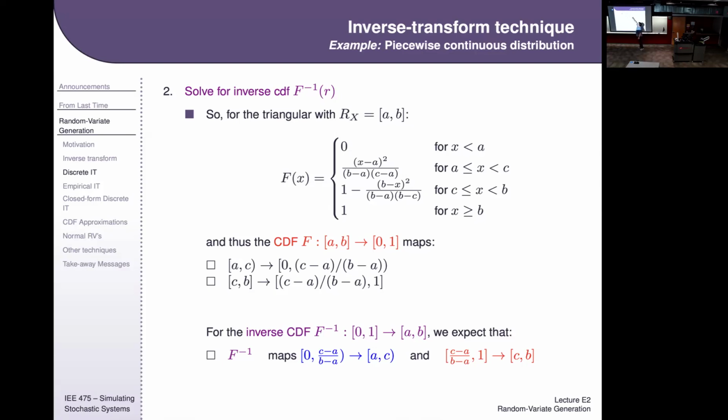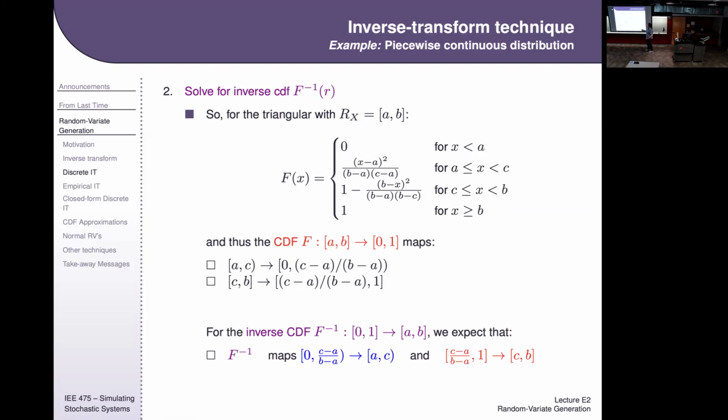So I know that this piece represents this X range. This piece represents this Y range. If I plug this A into here and this C into here, that will give me the R range that this piece corresponds to. If I plug this C into here and this B into here, that will give me the R range that this corresponds to.